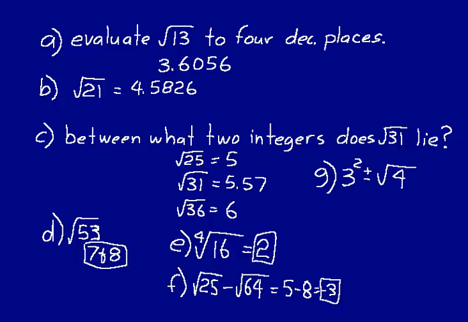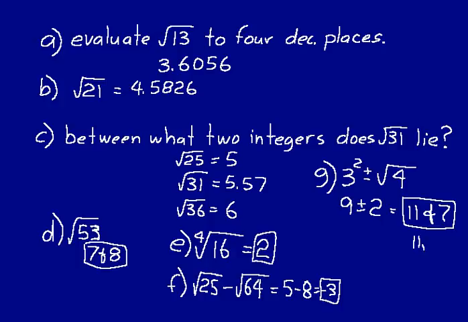So you can simplify each individual term first, and so you would say 9 plus or minus 2. And so then you can just do 9 plus 2, which is equal to 11, and then 9 minus 2, which is equal to 7. And so I'll say 11 and 7 are the answers.